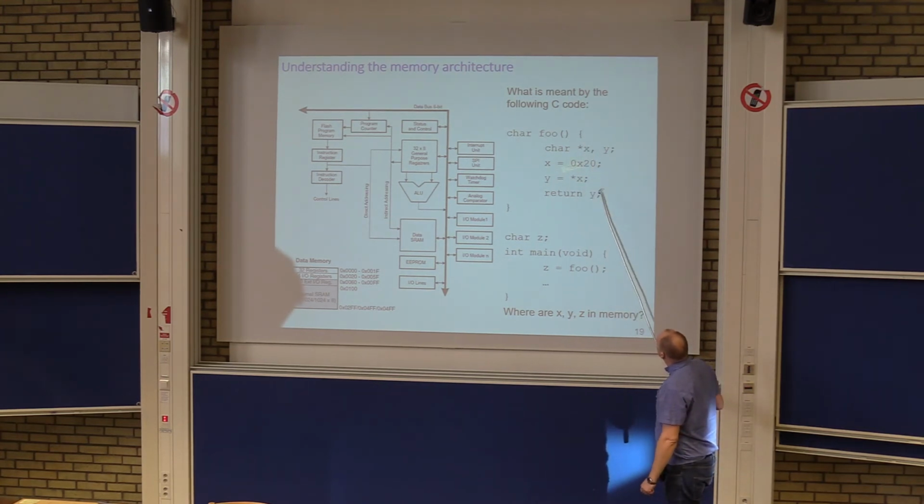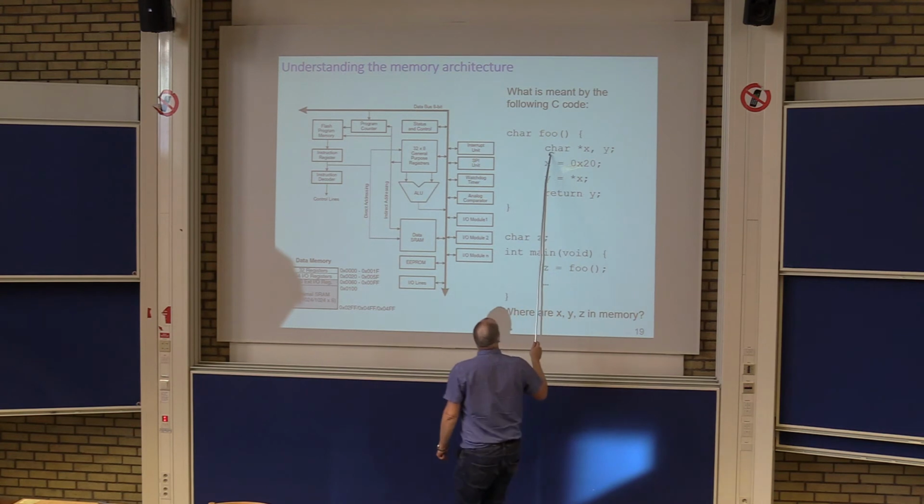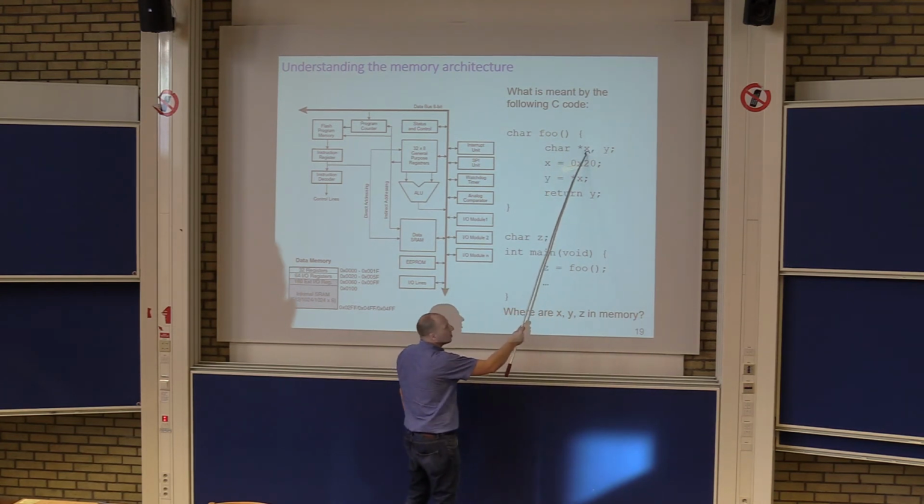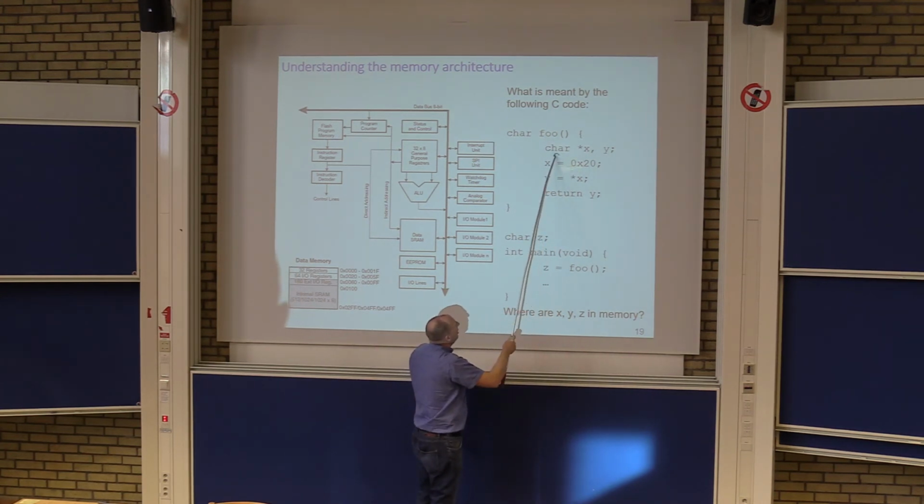Then we have the implementation here. x will be an address to some character. y is the character itself. So x is equal to, we define the address here, and then we store into y the value stored at this address. Right? And then we return it back.